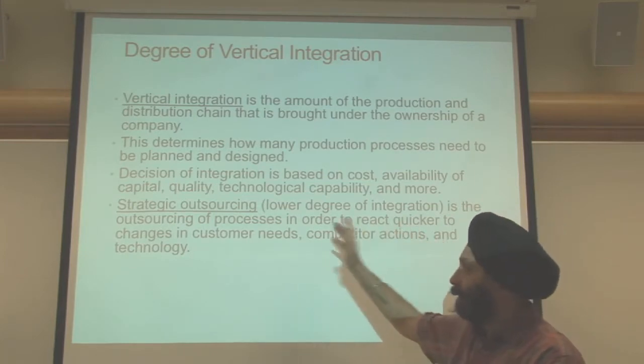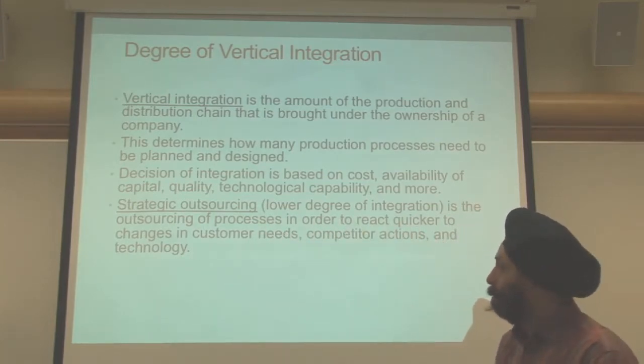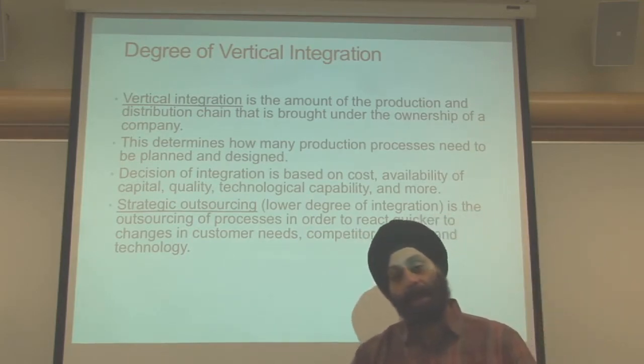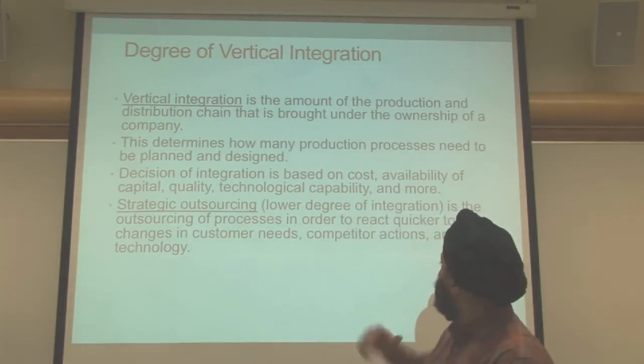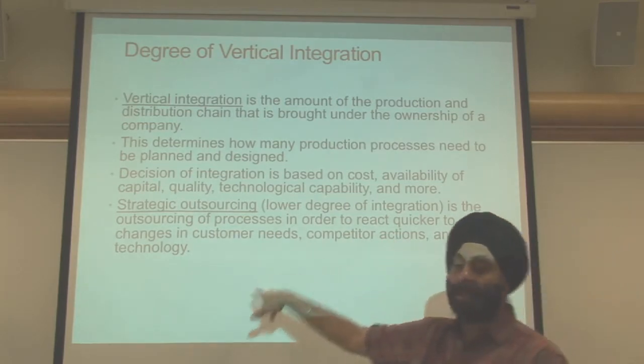So decisions of integration are based on cost, availability of capital, quality and technological capability of the company itself, and several other factors. Strategic outsourcing, which we'll cover in a little more detail, is the lower degree of integration. That is, more of the work is being done by outside vendors or other companies. It is outsourcing of processes in order to react quicker to changes in customer needs.